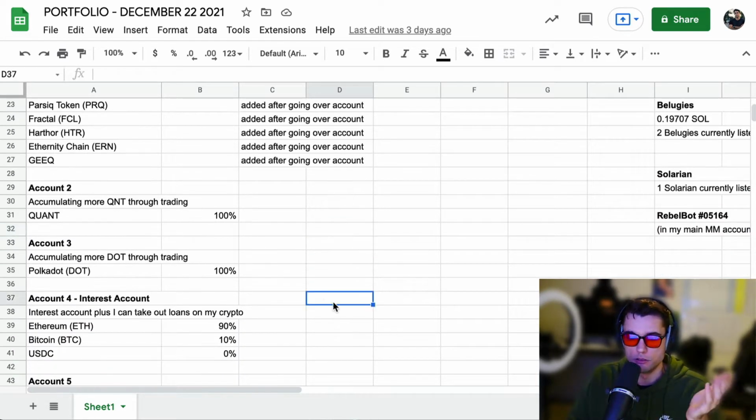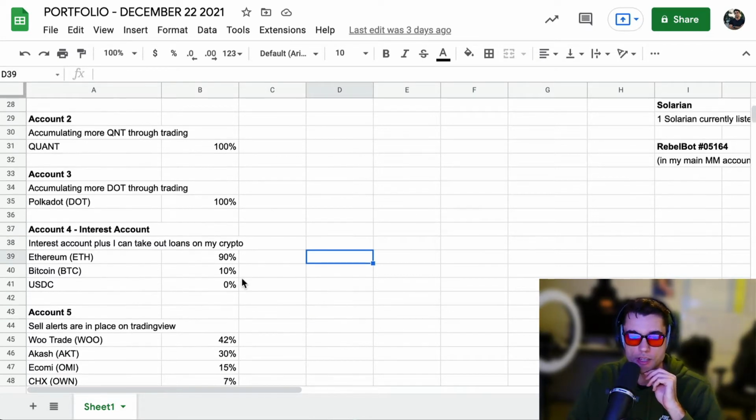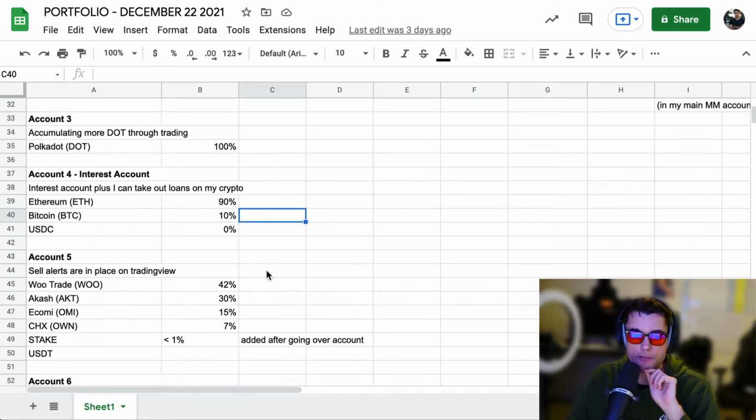I had a long-term swing trading account for DOT. Then I have my interest accounts like Celsius Network and BlockFi, that give you interest, or that give you loans. And so I have loans that I take out using my cryptocurrency as collateral, and I use those accounts for that. And then I have other accounts that aren't actually on ThreeCommas because they don't link up to ThreeCommas, but they are on different exchanges or they're my wallets or whatever.